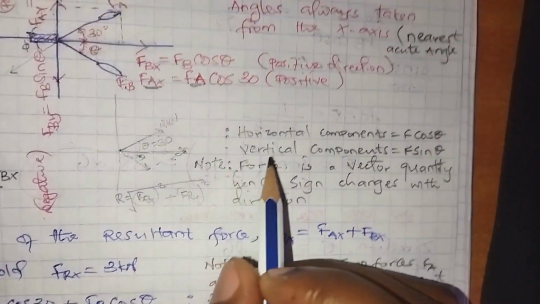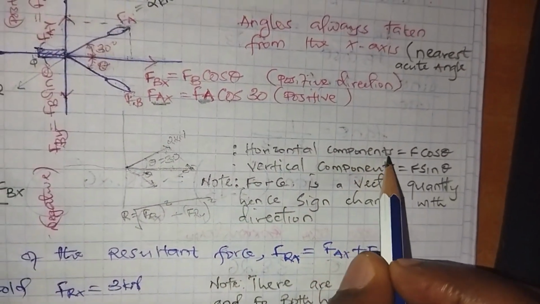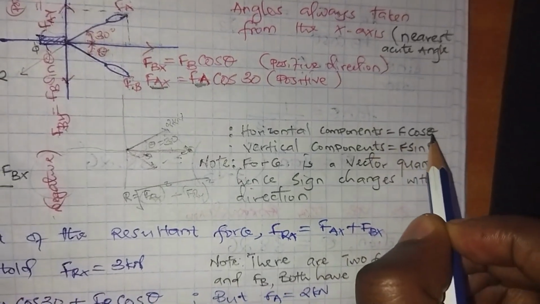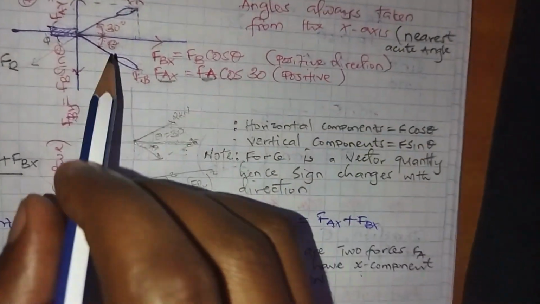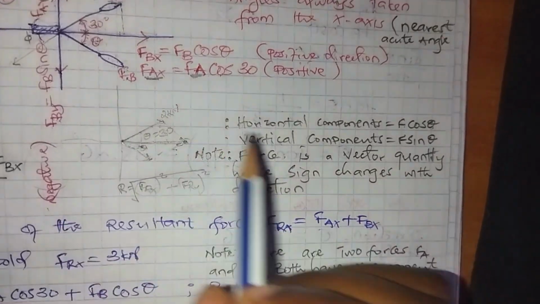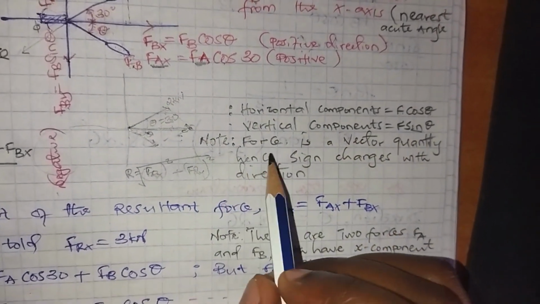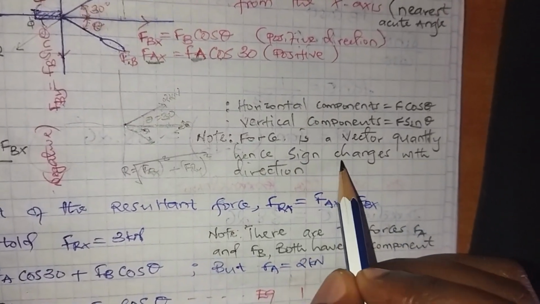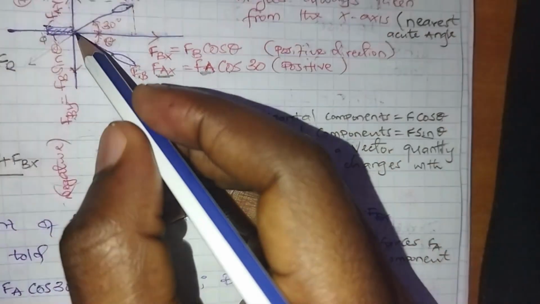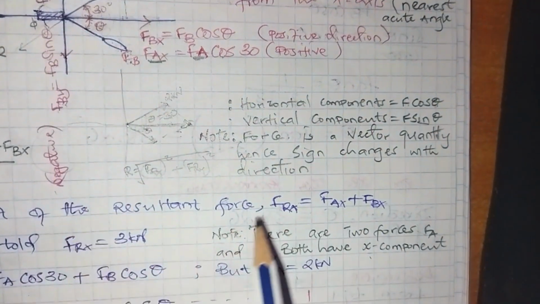I've given a note here. The horizontal component of a force is given by F cos theta, the angle that you are interested in. The vertical component is given by the sine, and now force is a vector quantity, hence the sign changes with the direction. If it is pointing in the negative direction, we'll have the negative sign.